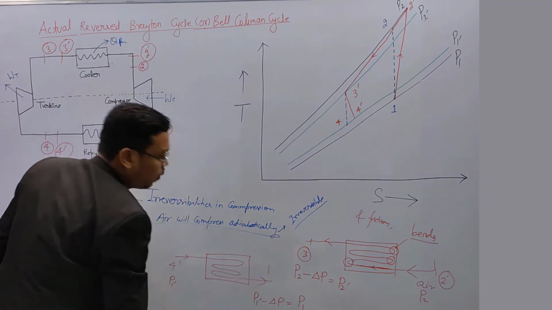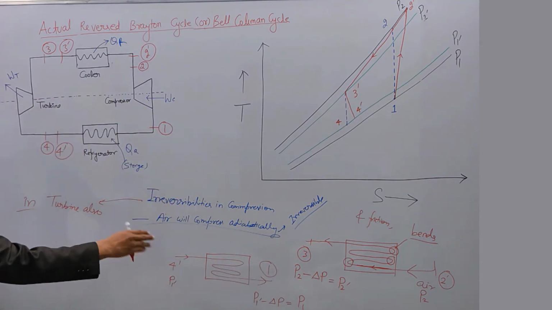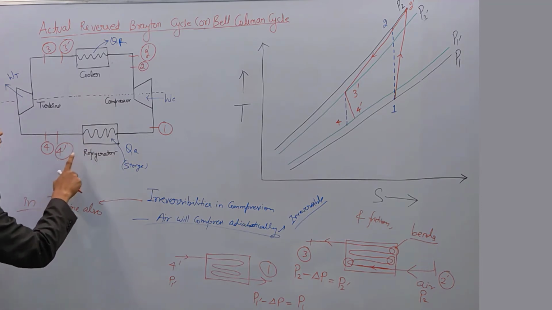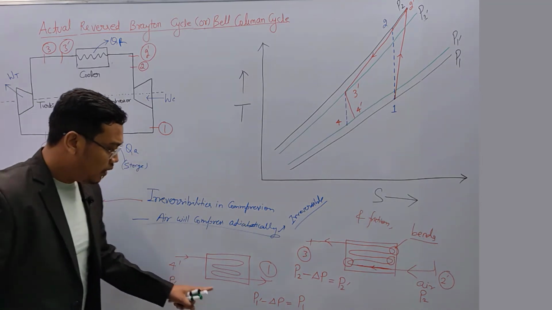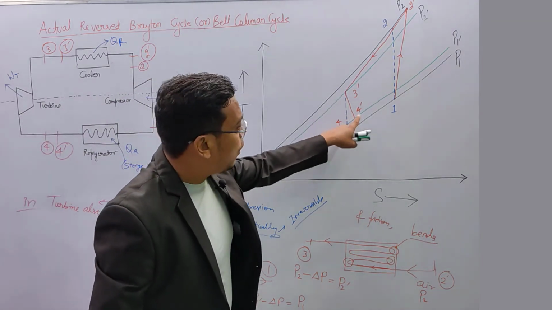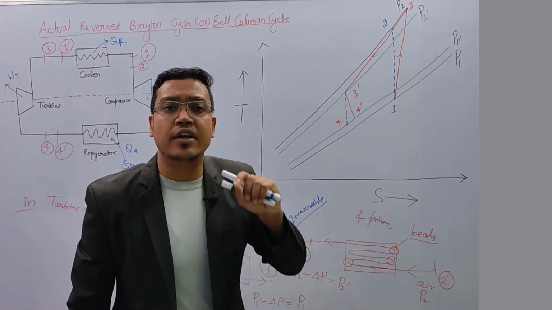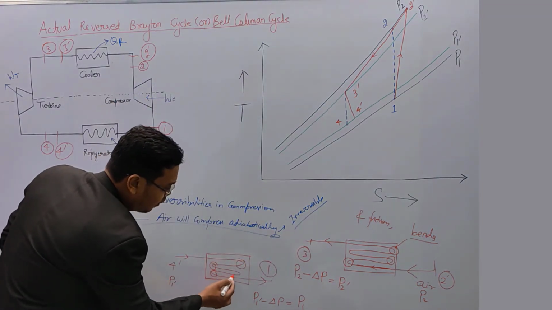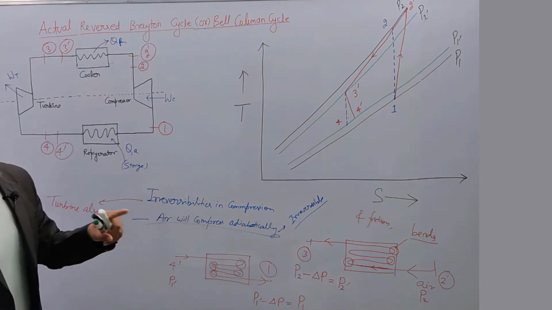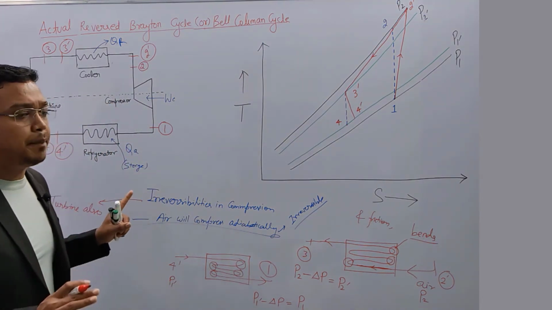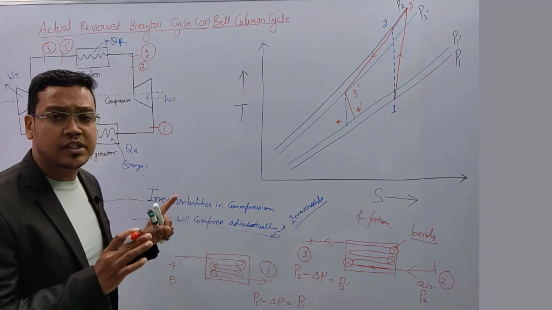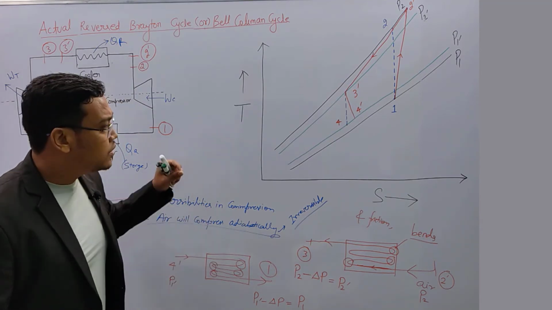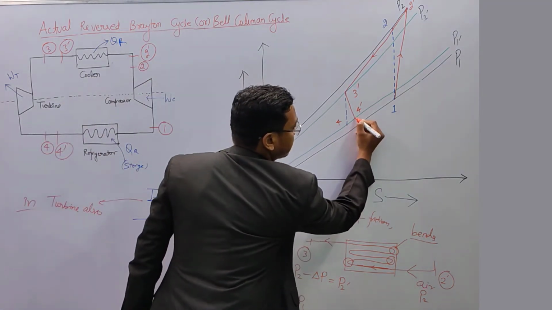Okay, and this is point number 1, because air will take heat from the storage space in the refrigerator from point 4 dash to 1. Now the process should go at constant pressure, but because of bends and friction losses, it will not take place at constant pressure. Pressure will reduce. So the process will go like this.